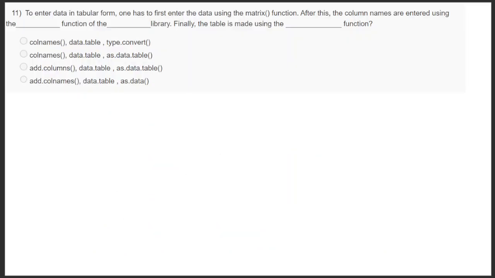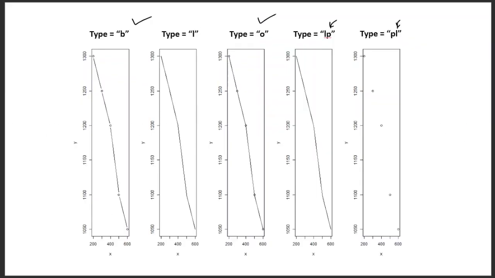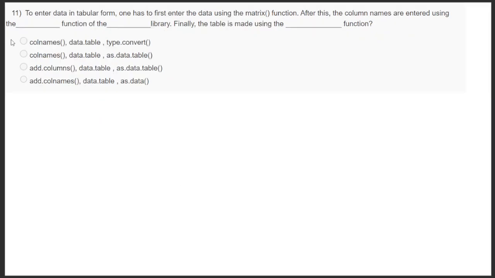So let's go to the 11th question. The 11th one is about entering data into a tabular column. To enter the data in a tabular column, one has to first enter the data using the matrix function. After this, the column names are entered using the colnames function, which is there in the data.table library.